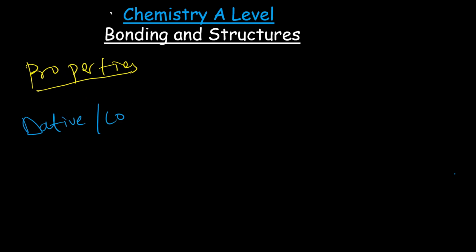So let's look at the properties of the dative or coordinate bond. Remember that we said a dative bond will have the same properties as a covalent bond. So what are the properties of a covalent bond?